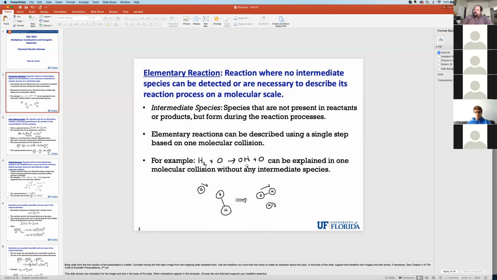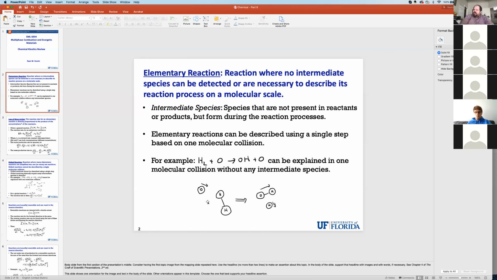So with experiments, you can visualize where OH is and measure its concentration. So it's very useful, a very important species. And this reaction here can be explained in one molecular collision without any intermediate species.